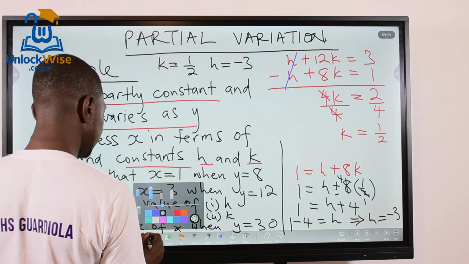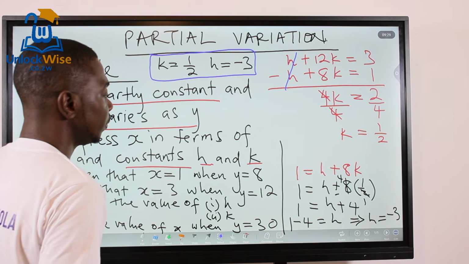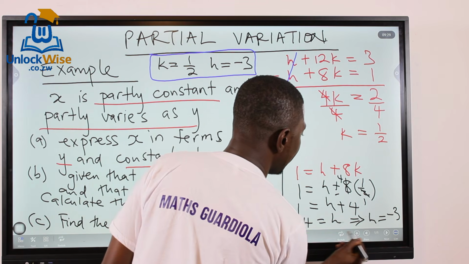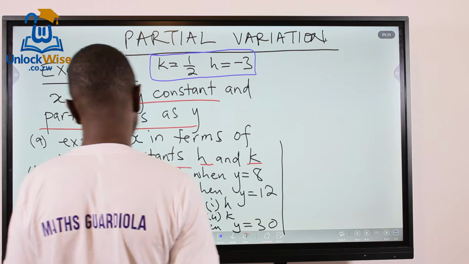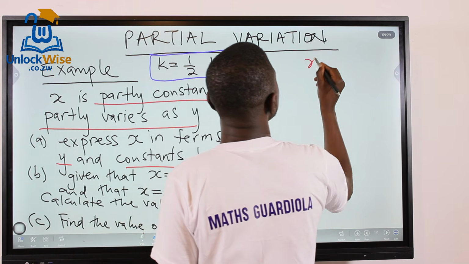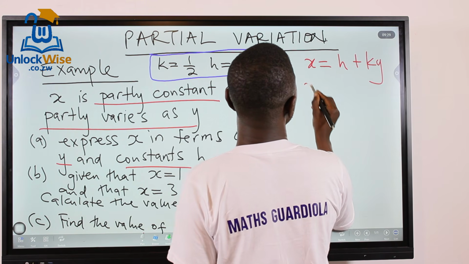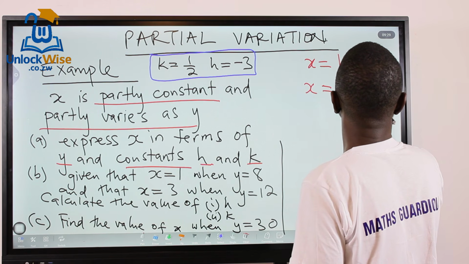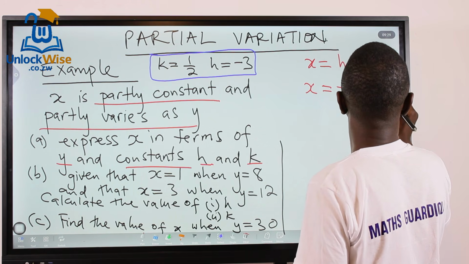I want those values, so let me just put them here. Back to our initial equation, we will now have x equals h plus ky, of which our value of h is minus 3 plus our value of k, which is half y.